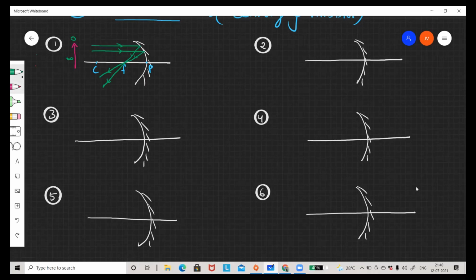Now you see this image is formed at or on F. Here this is the image, and this is the object. Object at infinity, image forms at F. What is the nature of image? This image is formed by actual intersection of reflected light rays.